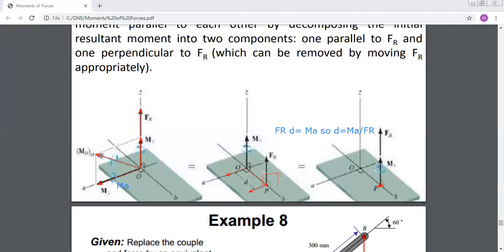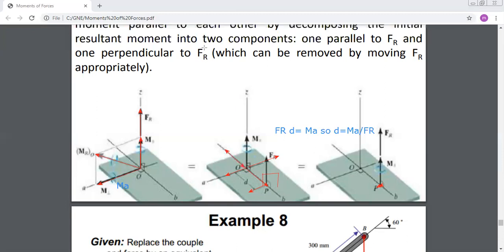This is why, if I want to produce a couple in this direction, I should move d in this way. If your couple was like this, then to create a couple in this direction, you should put F backwards. So you should move in the backward direction.